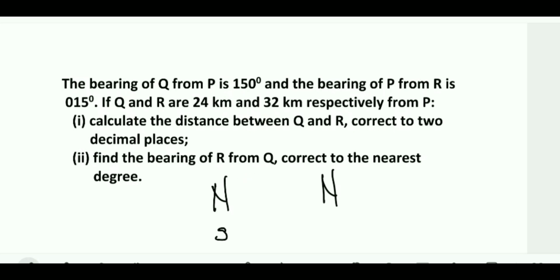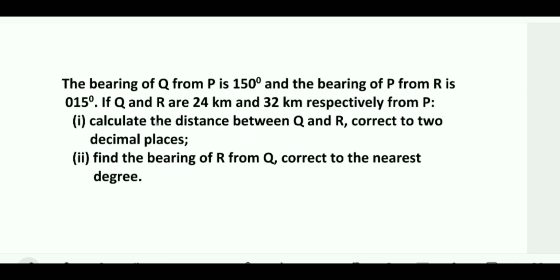Take a look at this problem. The bearing of Q from P is 150 degrees and the bearing of P from R is 015 degrees. In this case, we're making use of the three-figure bearing, which means we are starting from the north.